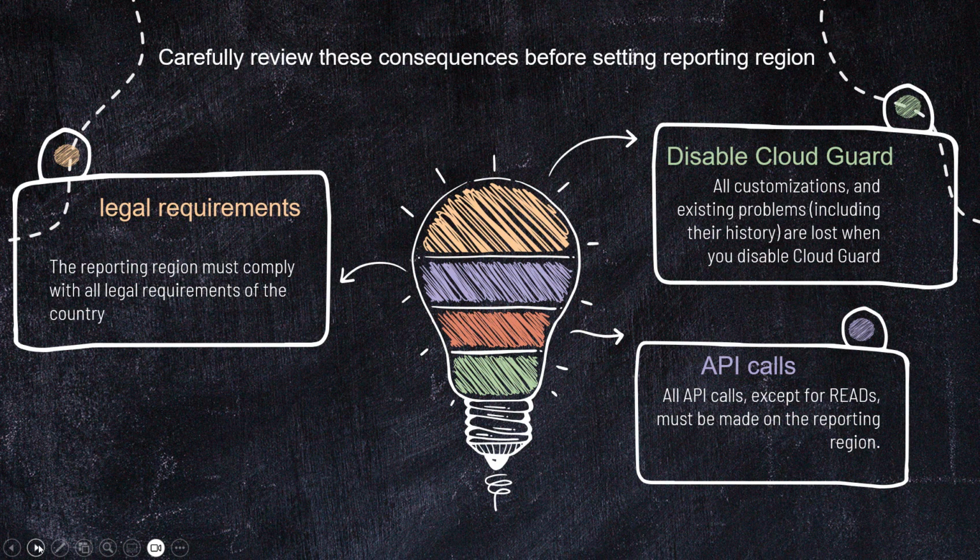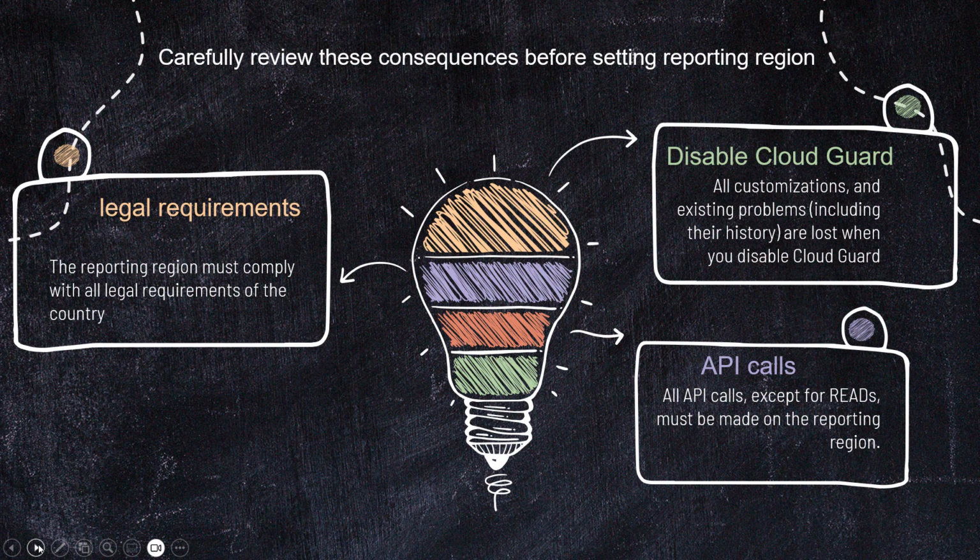A few things we have to keep in mind before configuring Cloud Guard. One is the legal requirement. For example, the reporting region must comply with all the legal requirements of the country before enabling Cloud Guard. And if you disable Cloud Guard, all the customization and existing problems, including their history, will be lost.